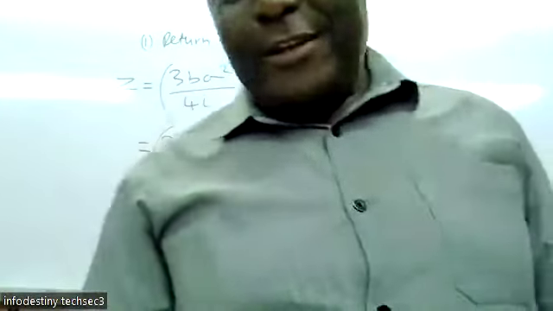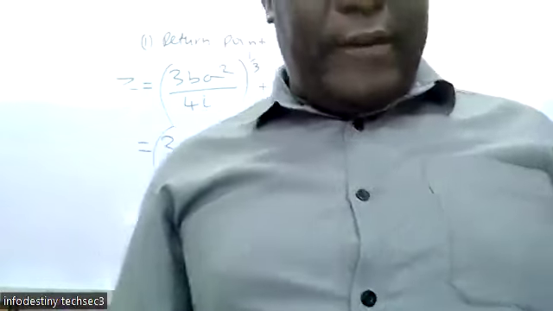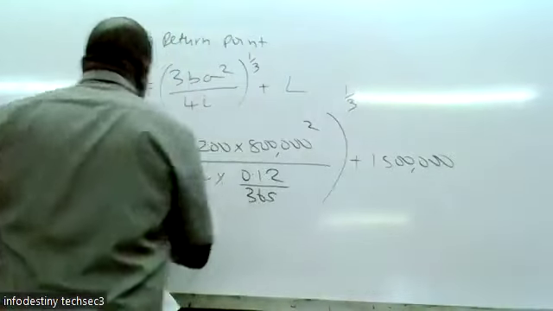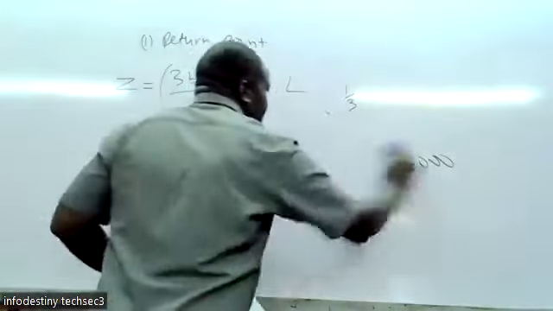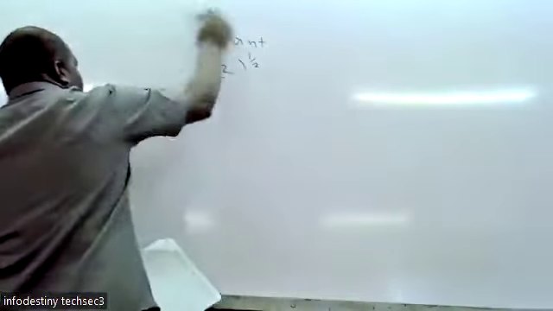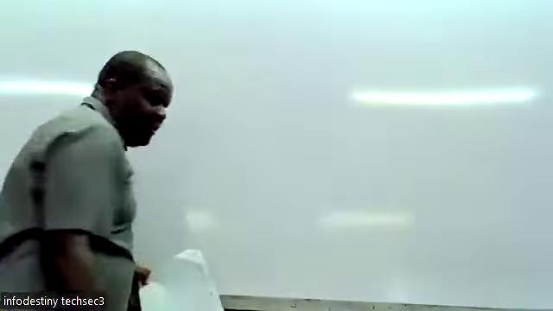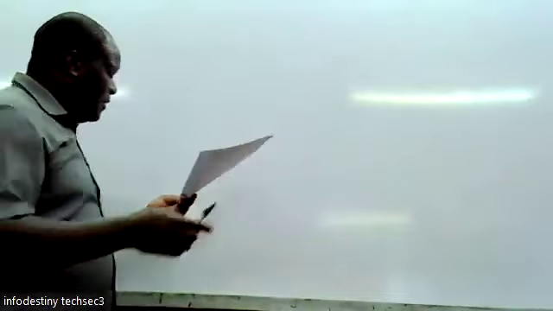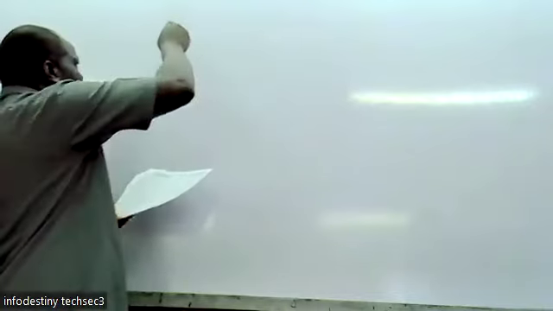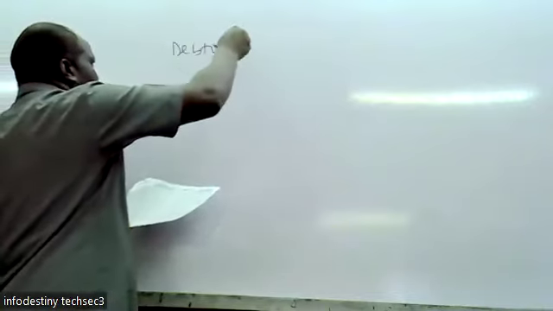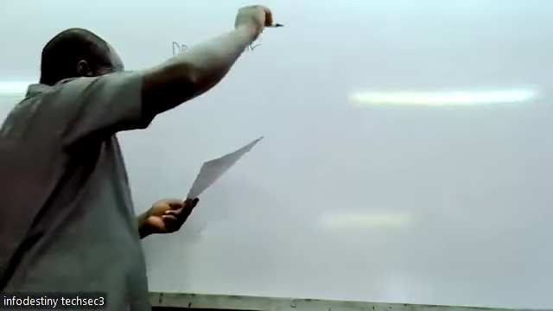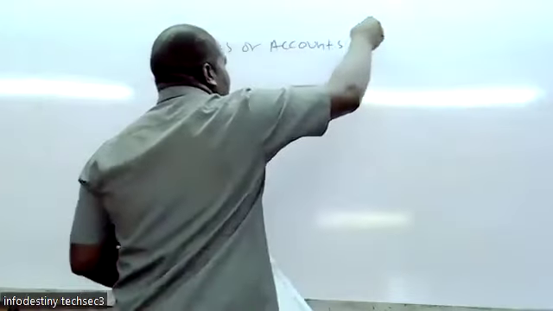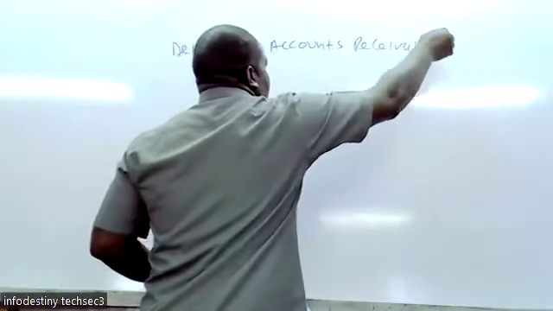So now I want us to go to page 5 in your notes. After the cash management, the next item in the handout I gave you should be debtors, or accounts receivable.